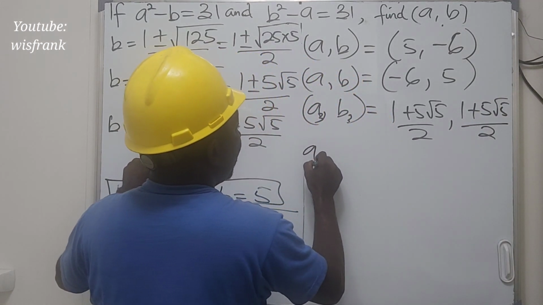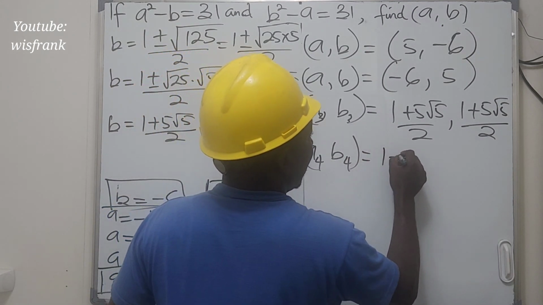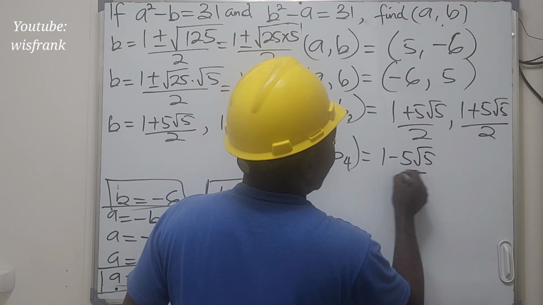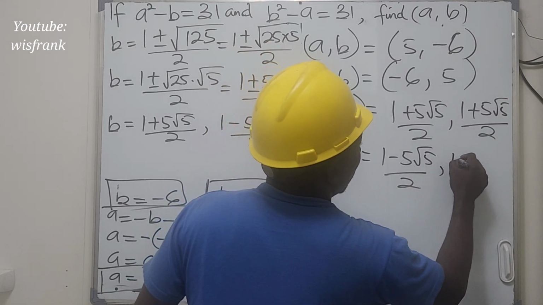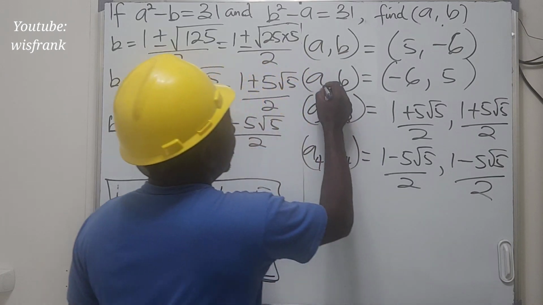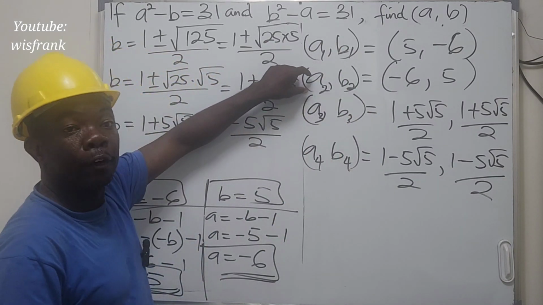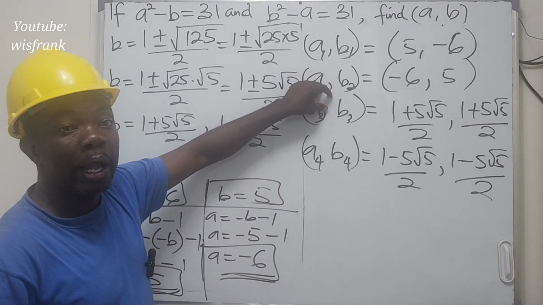So both values of ab will give us 1 minus 5 root 5 all over 2. Then we have 1 minus 5 root 5 all over 2. So these are the 4 values of a and b that we have for the solution of this question.